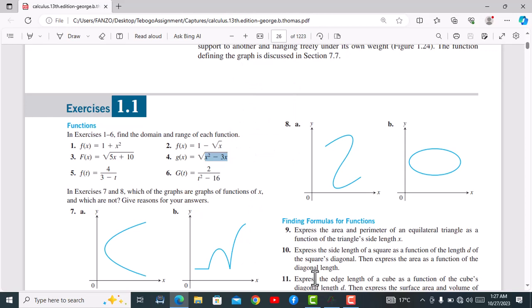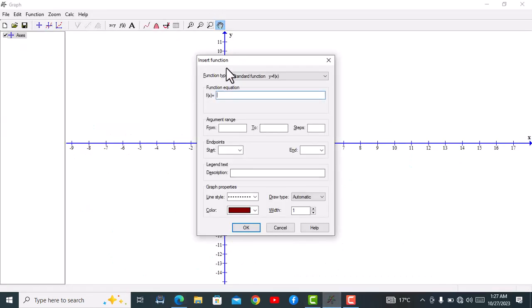Let me just copy this, Control V and paste. But we are having a problem here, so here I'm going to do this. Very good. And one other thing, remember, the square root is to the exponent of 0.5.